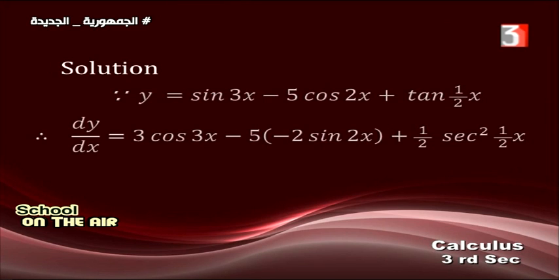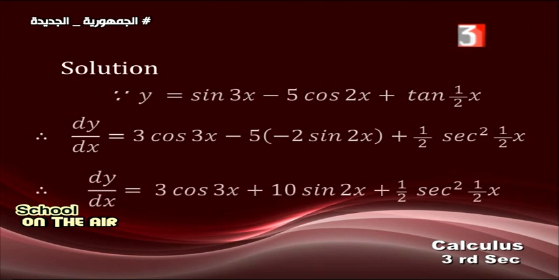The derivative of tan half x is sec to the power 2 of half x, multiply the derivative of the angle, which equals half. Then in the simplest form, dy/dx equals 3 cosine 3x plus 10 sine 2x plus half sec to the power 2 of half x.